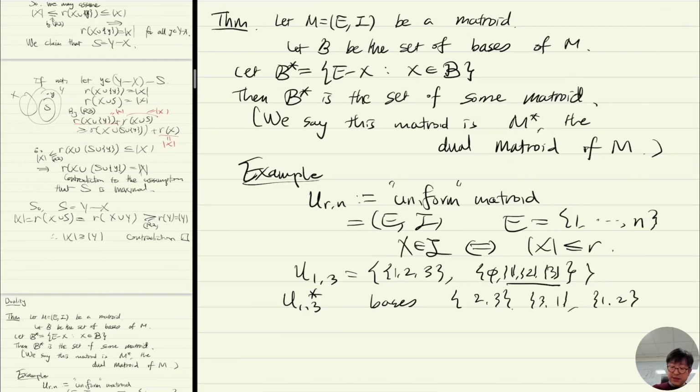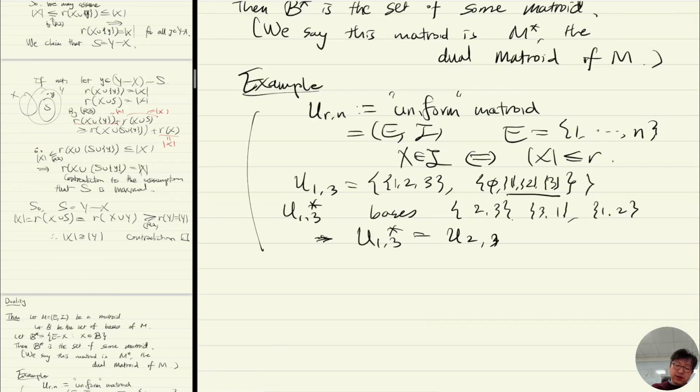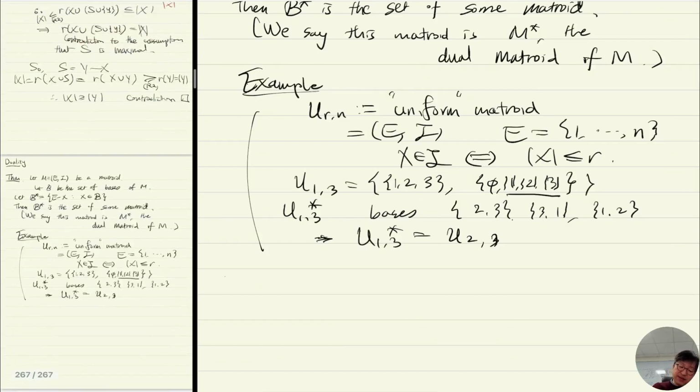So the independent sets are also all subsets of these. So U_{1,3} dual is equal to U_{2,3}, right? Every set of size at most 2 is independent. Anyway, let's see why this defines a matroid.